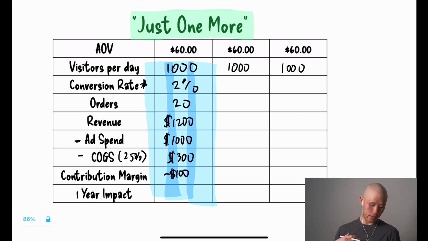And let's say, just so that we can extrapolate impact over a longer time horizon to understand the compounding effect of both our performance and our decisions, if we were to extrapolate it out over 365 days, that would be minus $36,500 over a year.